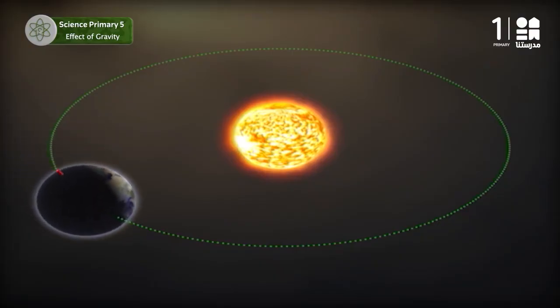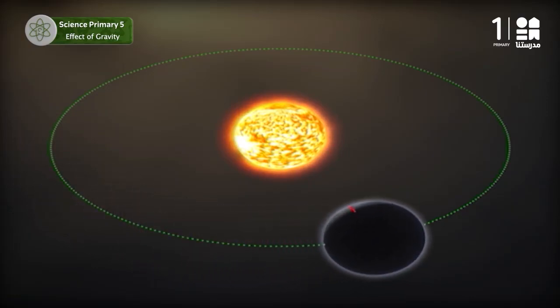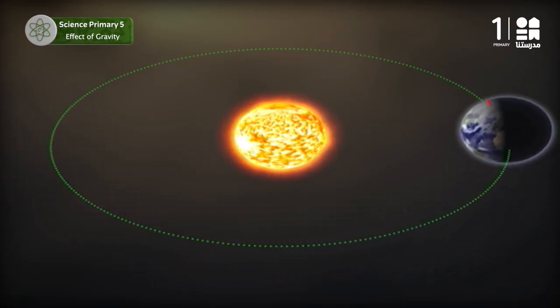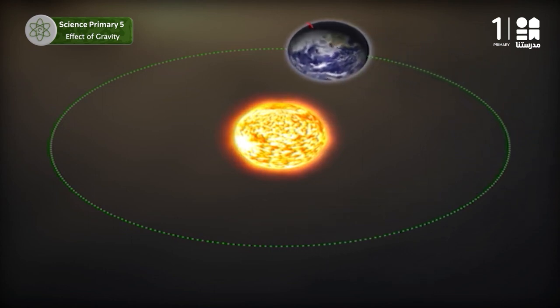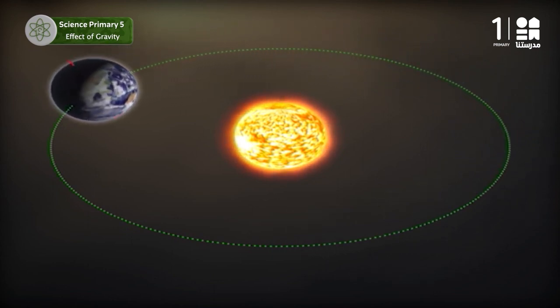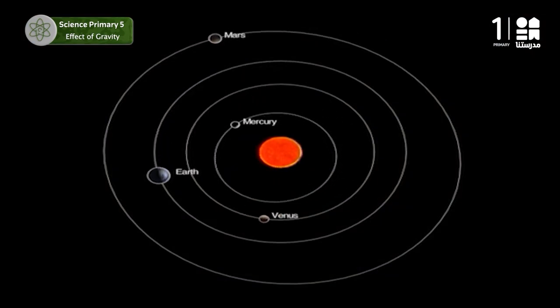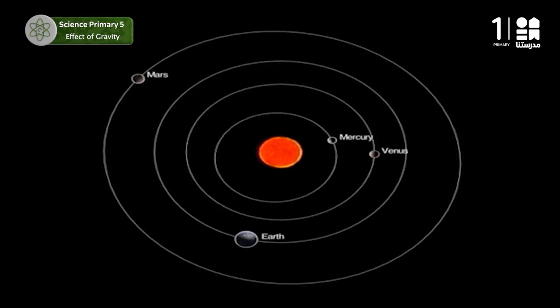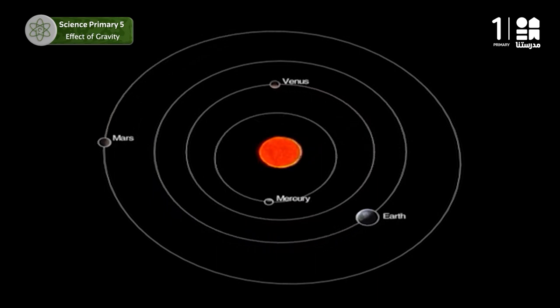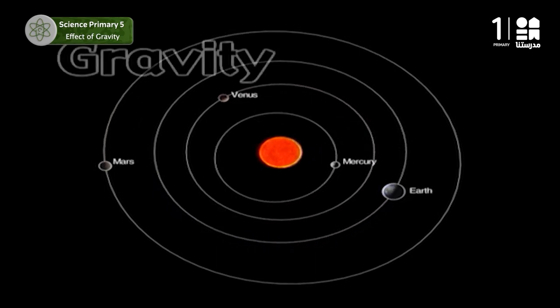At this very moment, we're orbiting the sun at an amazing speed of 107,000 kilometers per hour. There's an invisible force between the sun and the planets called gravity that holds the planets in place. Gravity is a force of attraction or pull between objects.